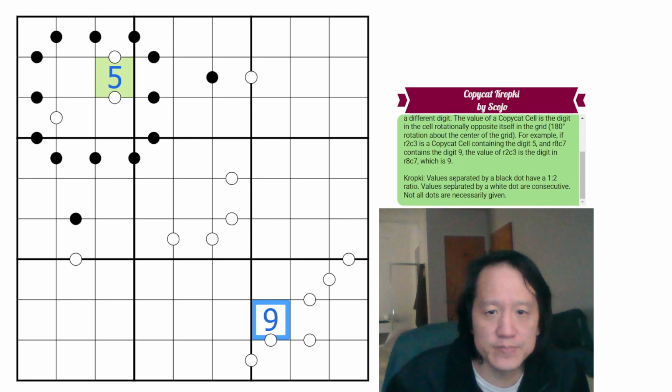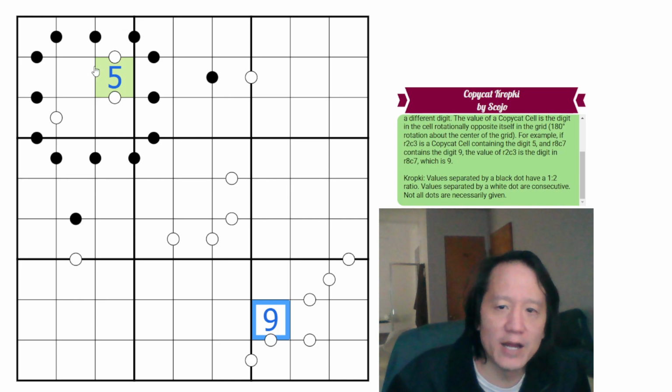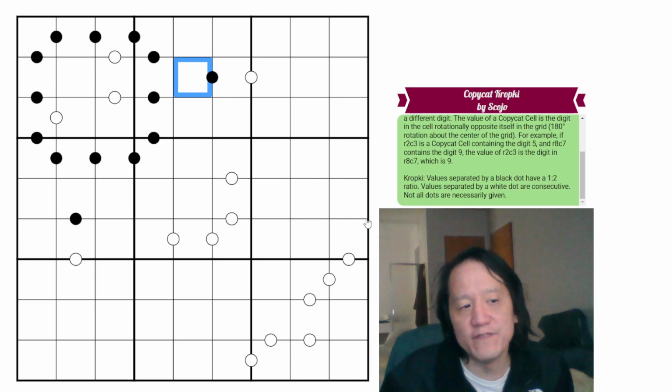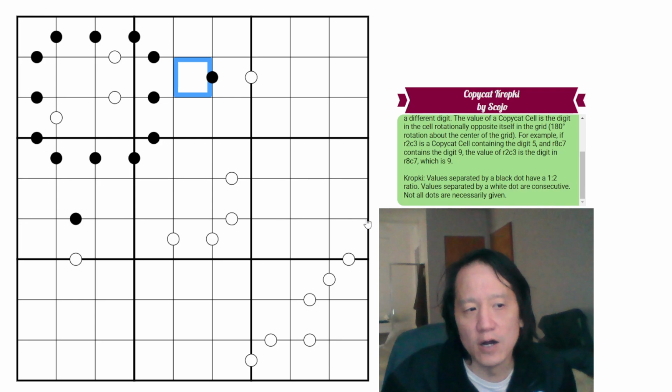Kropki. Values separated by a black dot have a 1:2 ratio. Values separated by a white dot are consecutive. Not all dots are necessarily given. So for black Kropkis, if this were a value of 4, this would have to have a value of 2 or 8.